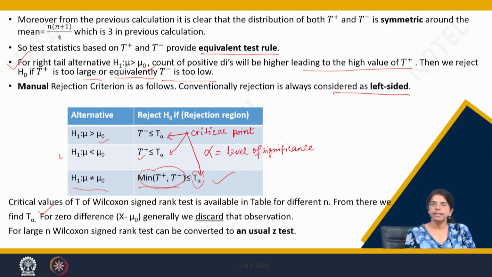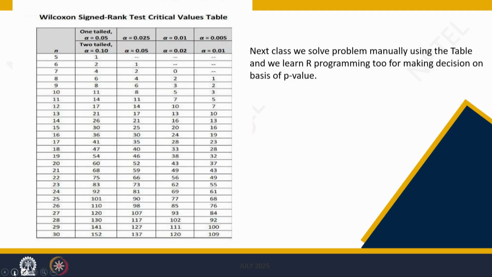For large n, as I already told you, once you know the expected value of the Wilcoxon sign rank test statistic, you can convert this to a usual normal test, a usual Z test. Okay, let me show you the table.